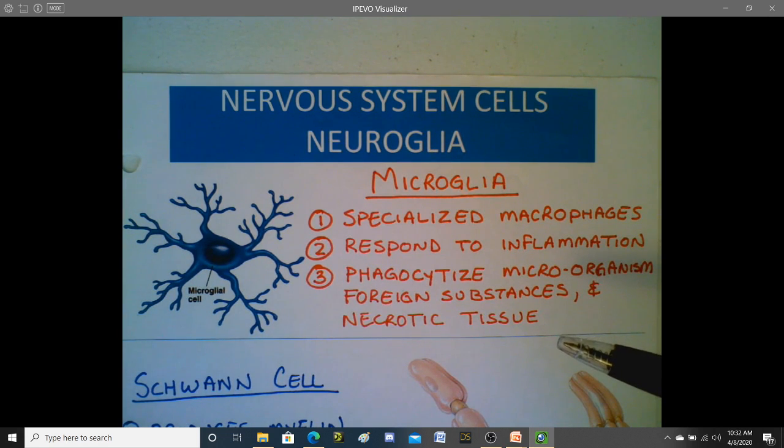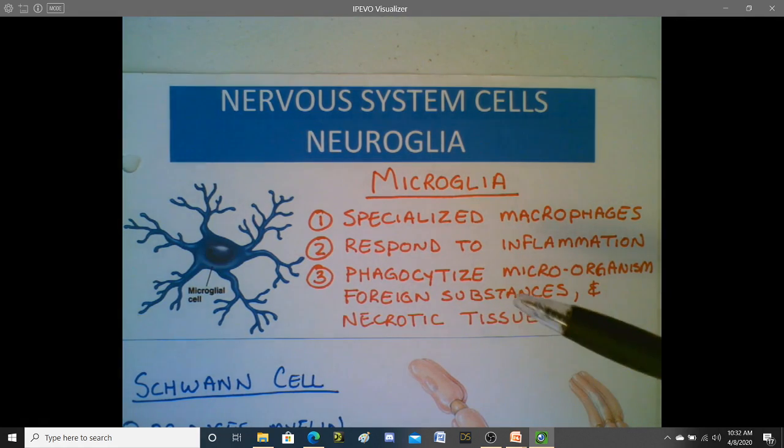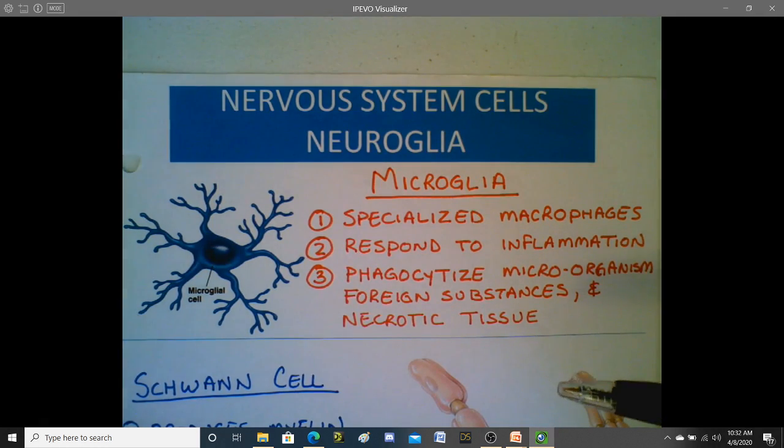That kind of head injury can cause a bruise, things like that that occur in the brain. And our microglia can go in and help repair that damage. Also, it's very serious, but if we were to get a bacterial or a viral infection in the brain, the microglial cells would be those cells trying to fight off that pathogen.